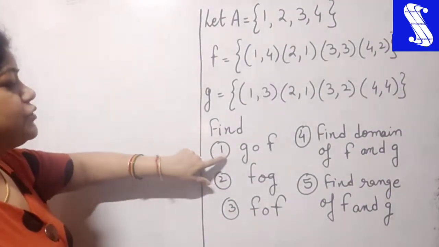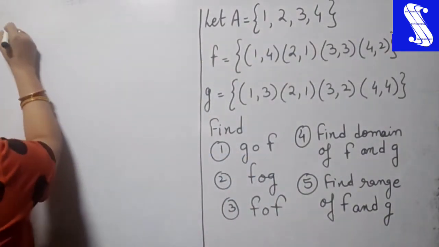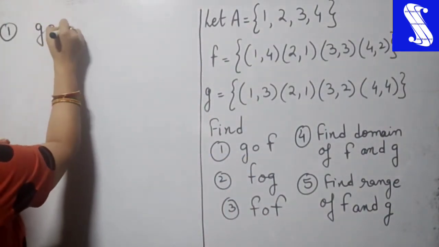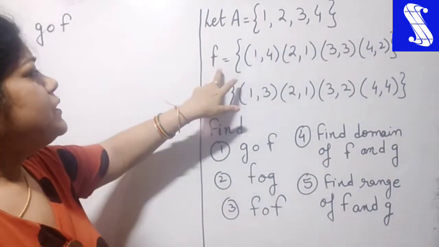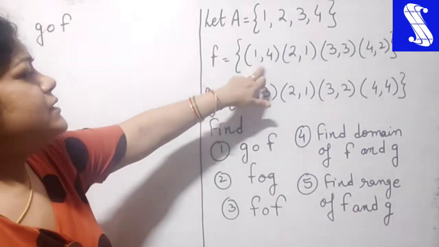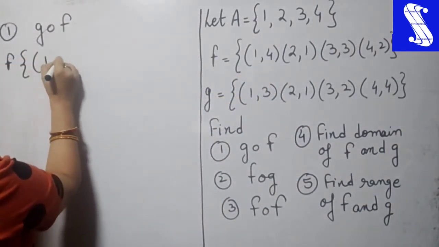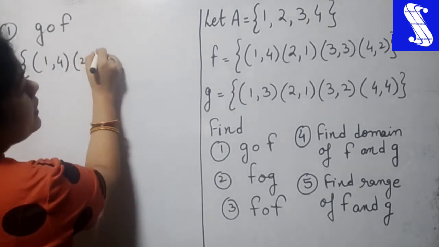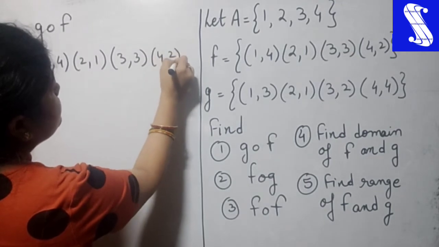For example, question number 1: find the value of GOF. Now if you observe, F has the ordered pairs (1, 4), (2, 1), (3, 3), and (4, 2).